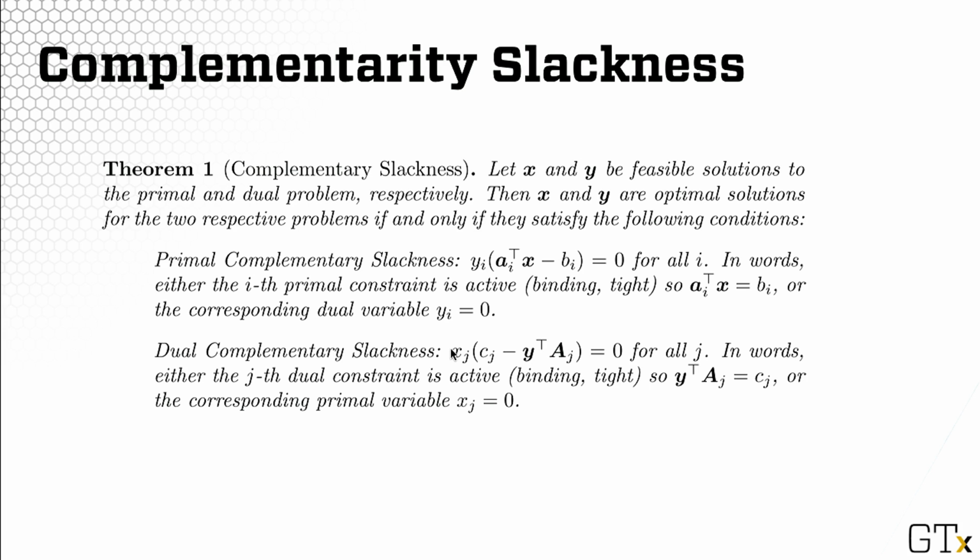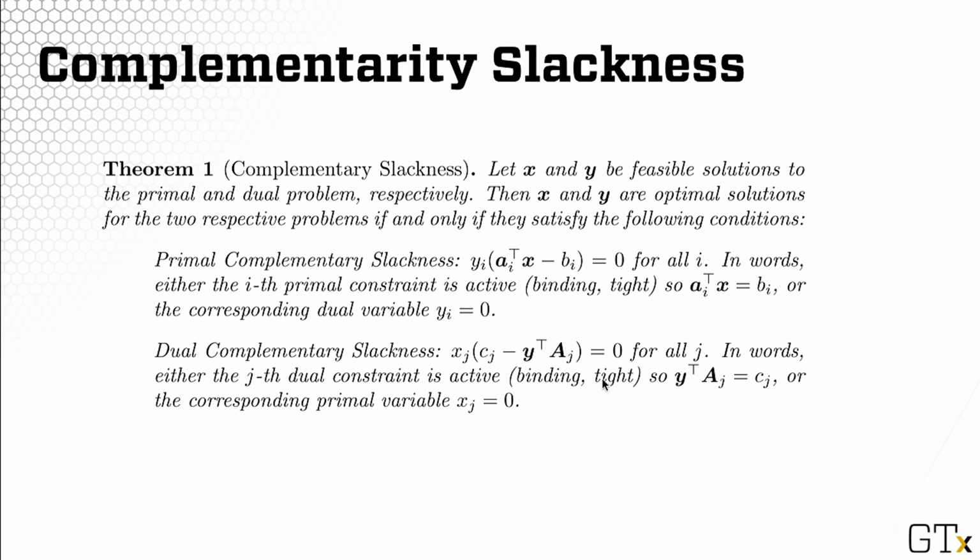And the theorem says if x and y are optimal for the primal and dual, then they have to satisfy both slackness conditions. Furthermore, the converse direction is also correct: if the primal and dual complementary slackness conditions are satisfied at x and y, two feasible solutions to the primal and dual problems respectively, then these two feasible solutions are also primal and dual optimal.